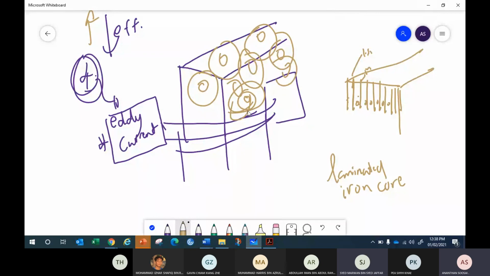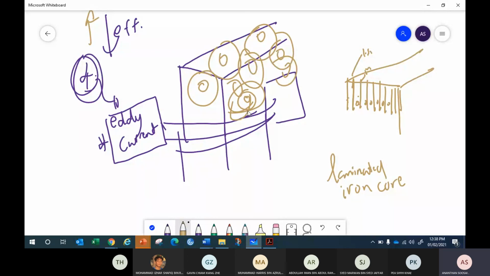So what is meant by eddy current? Anybody? Conclusion: what is eddy current? A type of current formed in a block of conductor due to changes in magnetic field. Eddy current, good or bad?